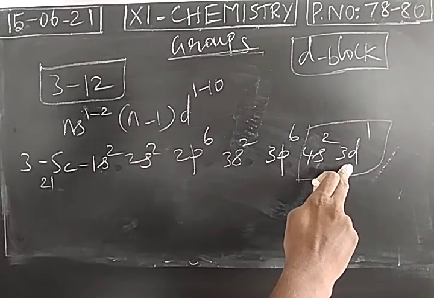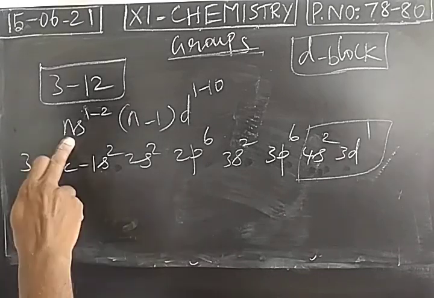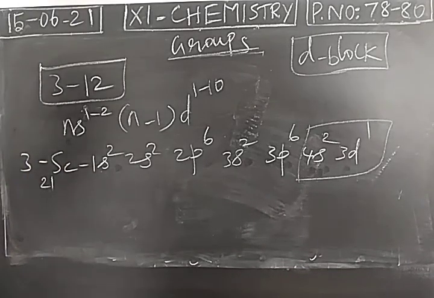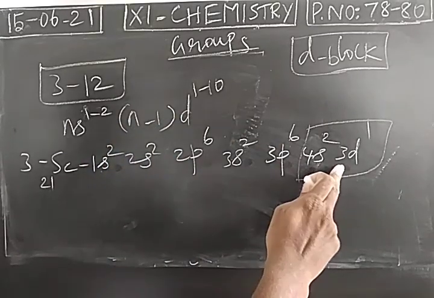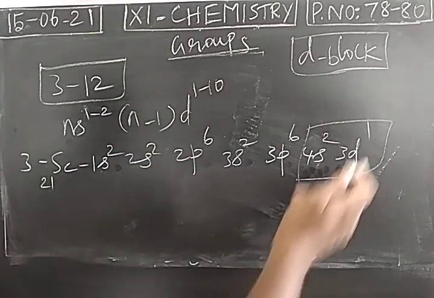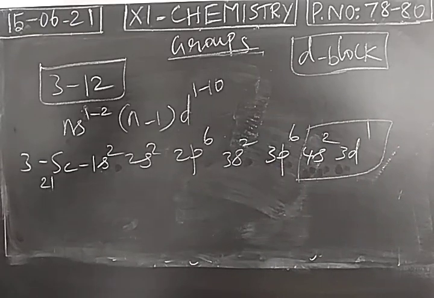Ns and (n minus 1) d orbital. So n represents the principal quantum number. So maximum 4 shells are present in scandium. So fourth shell is nth shell, n minus 1 means 4 minus 1, third. So this is the outer electronic configuration of scandium.